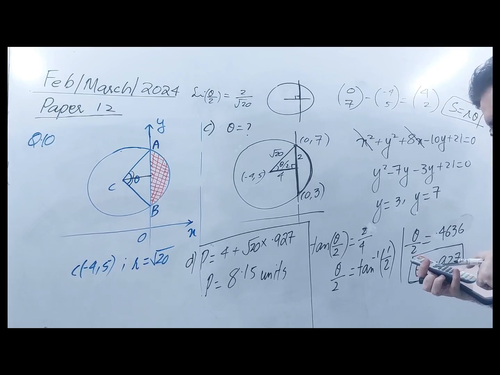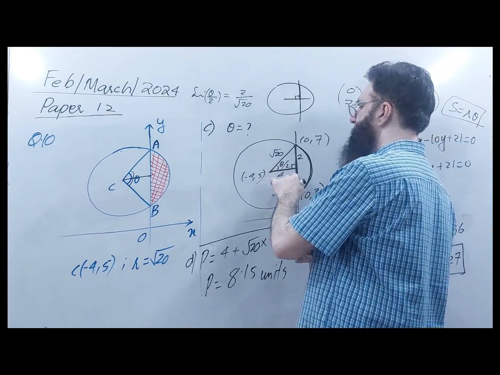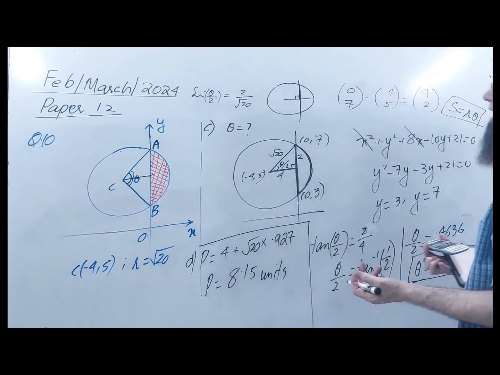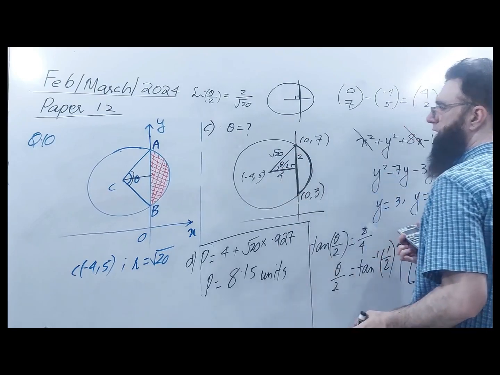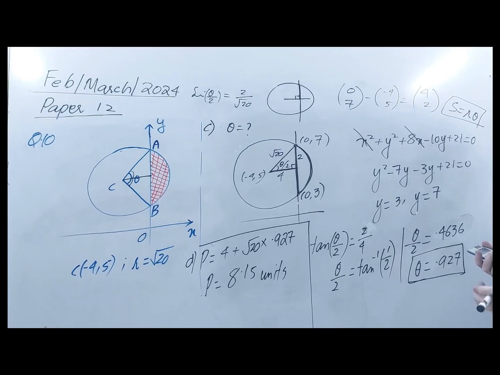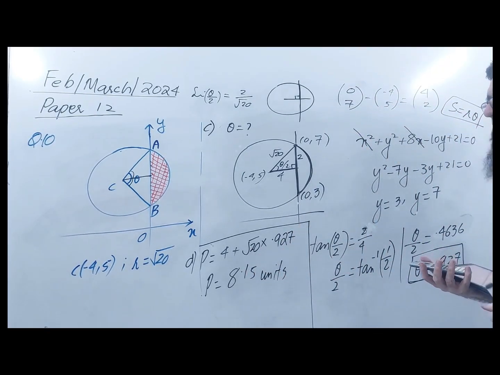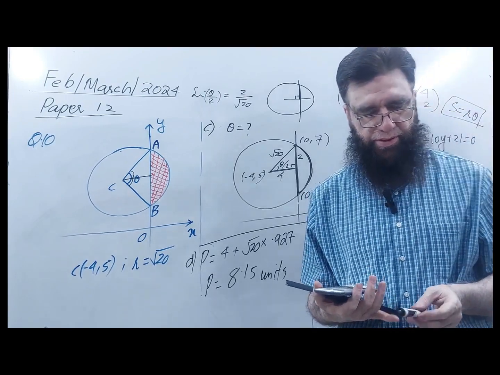Shift sine inverse bracket 2 divided by under root 20 bracket close, you get 0.4636. I can see it in my calculator. You can apply cos theta, tangent theta, or sine theta when you have all the sides. So you can do it in any way. I used tangent theta, you can use sine theta or cos theta. This was it for this particular question, and we move to the last question of this paper and see how it goes.